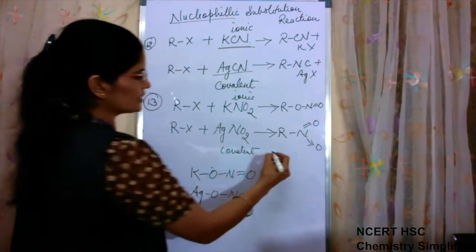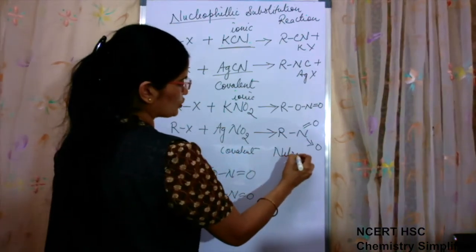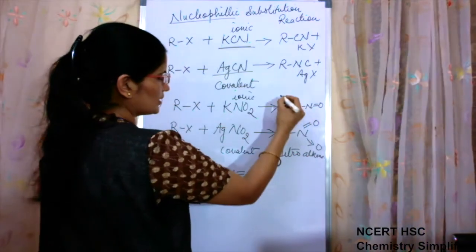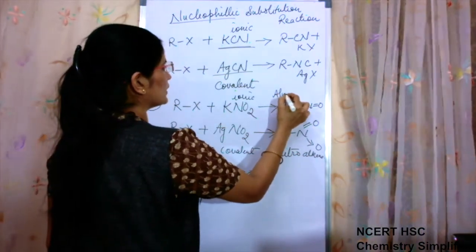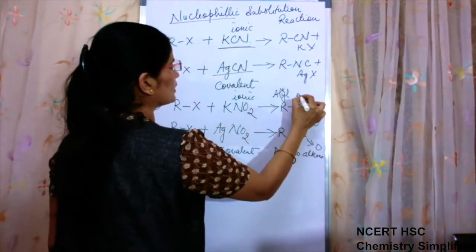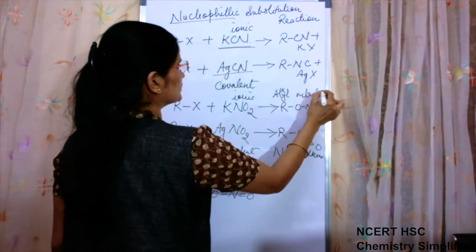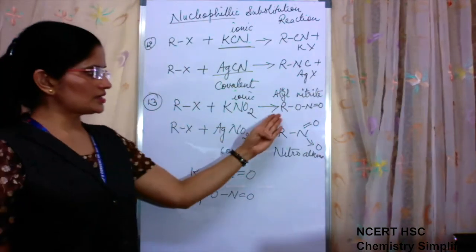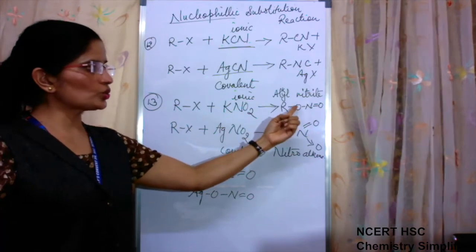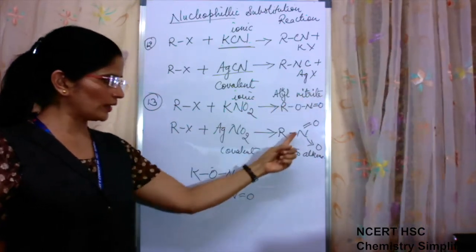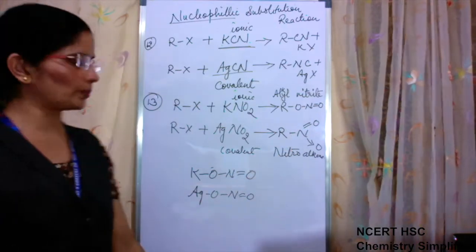Our NO2 is known as nitro group and nitroalkane. On the other hand, this is known as alkyl nitrite. When attachment is through O, it is known as nitrite group, and when attachment is through N, it is known as nitro group.